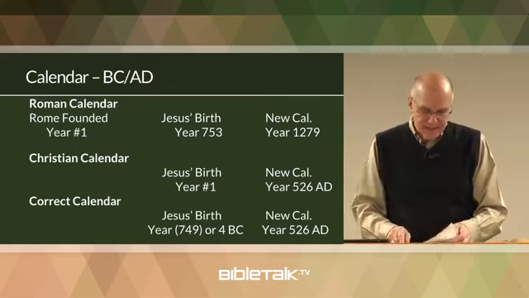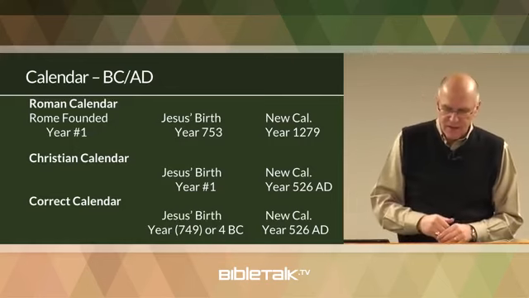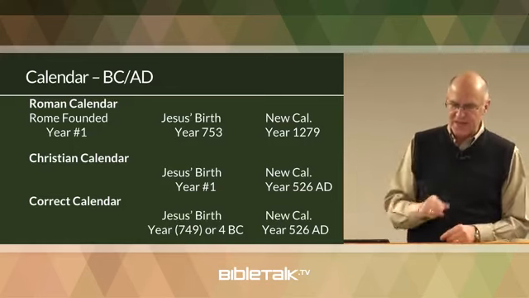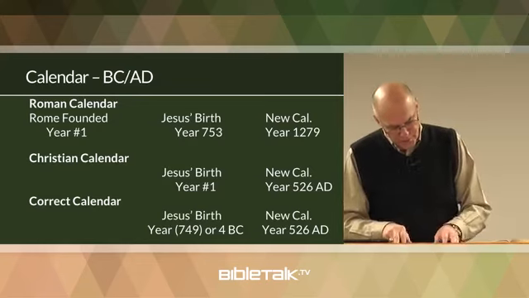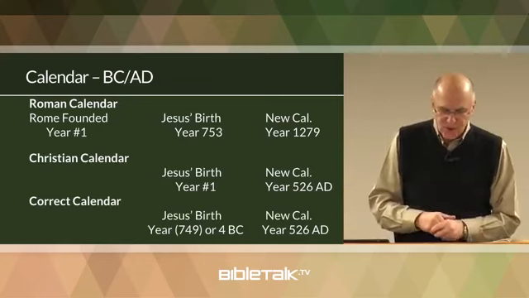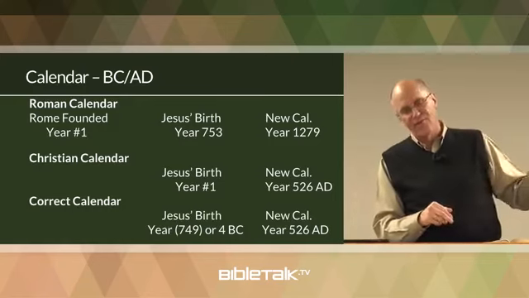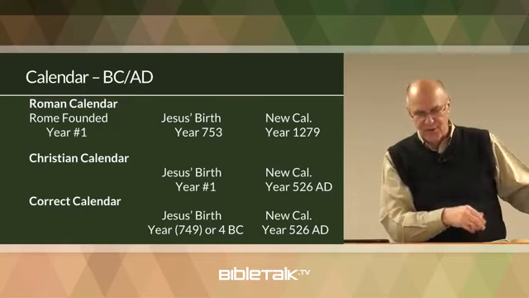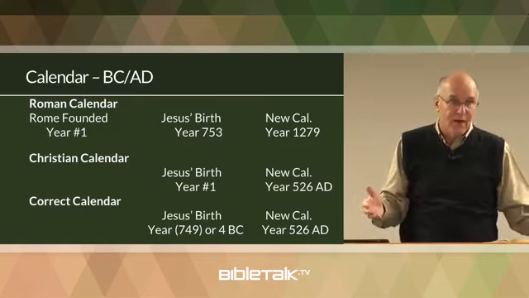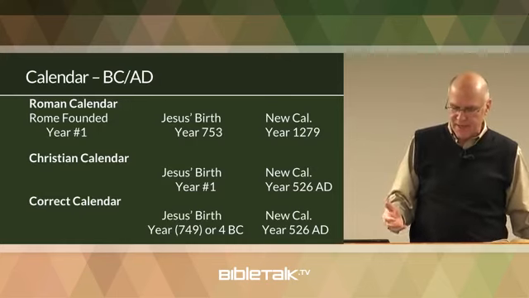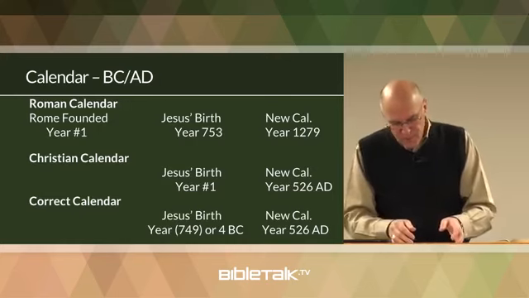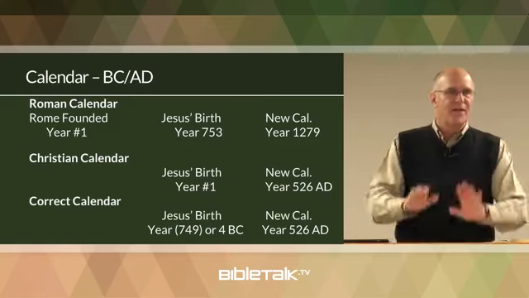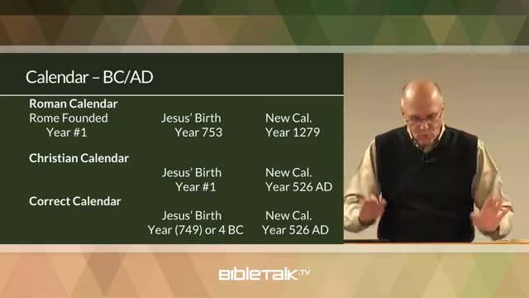To complicate things even further, it was discovered that their calculations as to the year of Jesus' birth were in error. He was actually born in the year 749 Roman calendar, not 753. See what I'm saying? But since the change had already been made to the new calendar, they just left everything as it was.